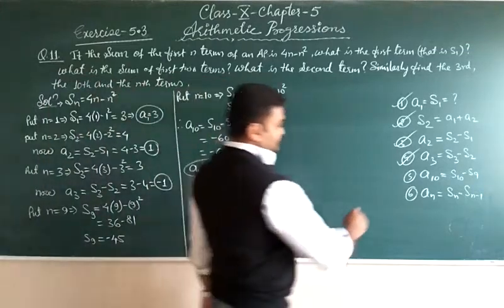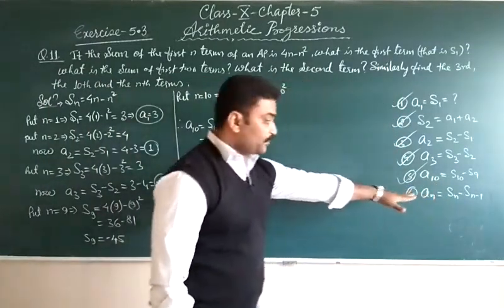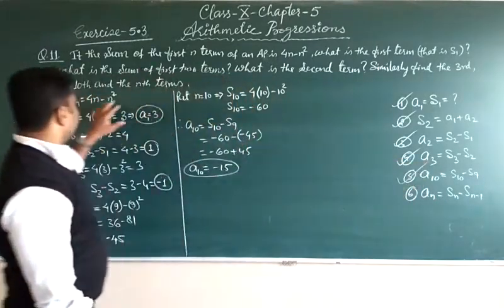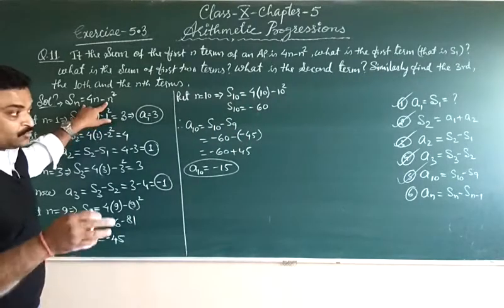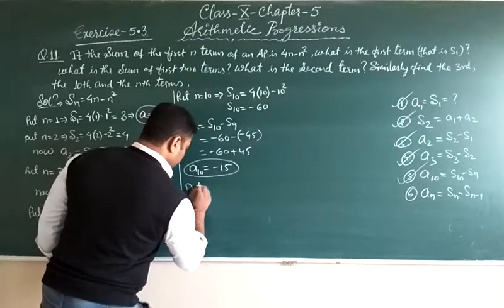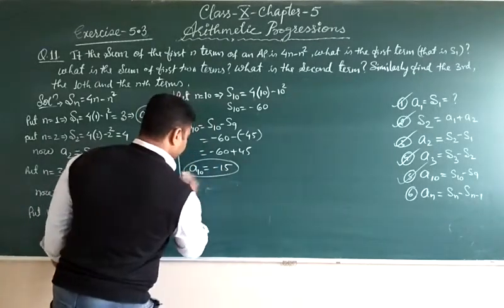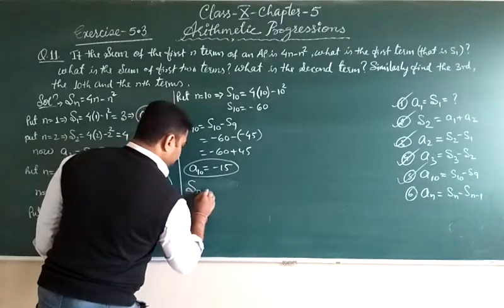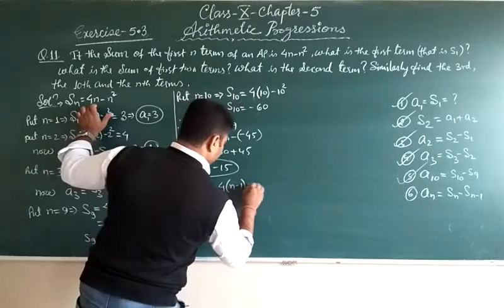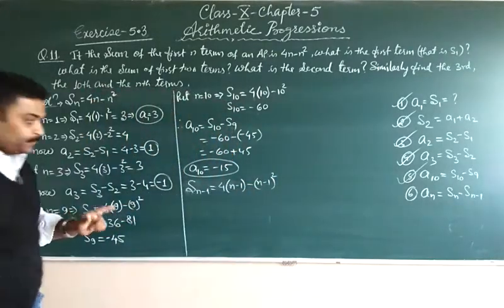Now, the last one is An. To find An, we have to find Sn minus Sn minus 1. Sn we have been given. So we have to find Sn minus 1. Now put n is equal to n minus 1. Sn minus 1 is equal to 4 into n minus 1 minus n minus 1 whole square. Got it?